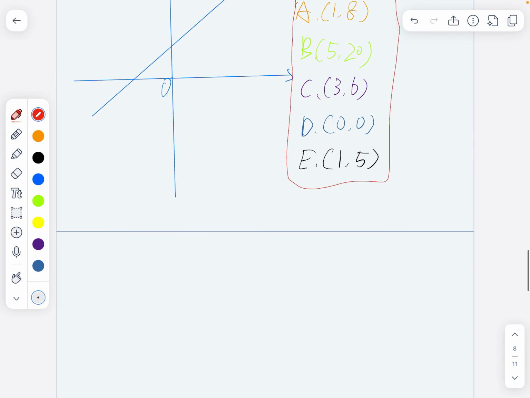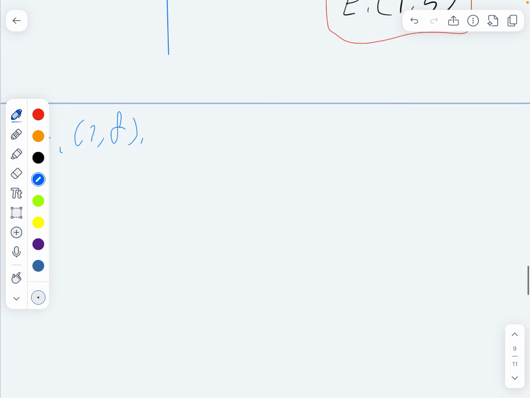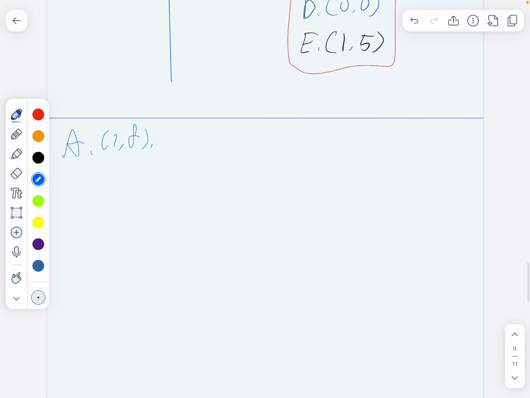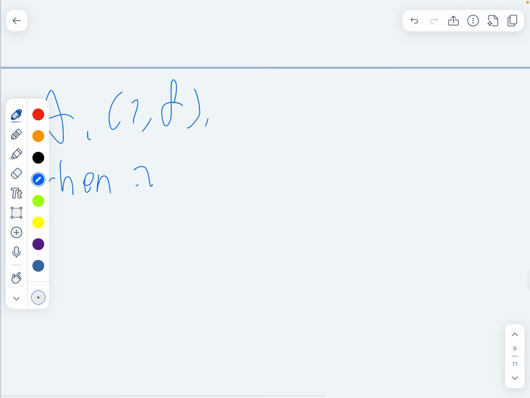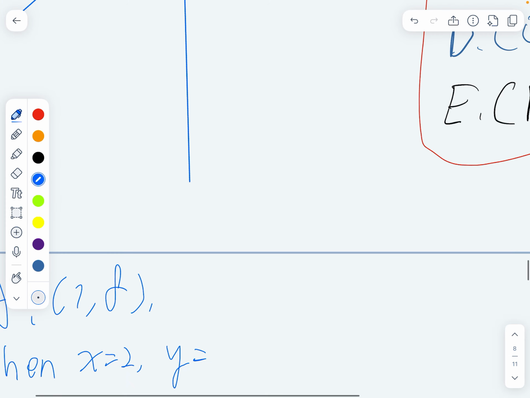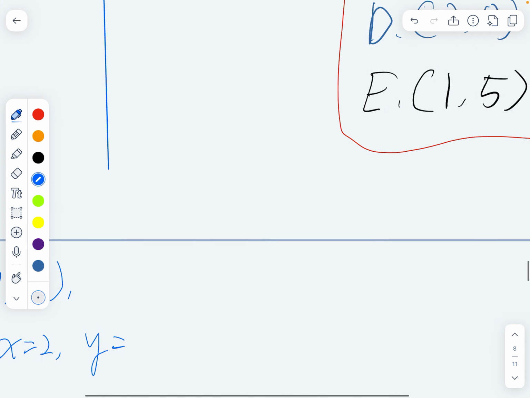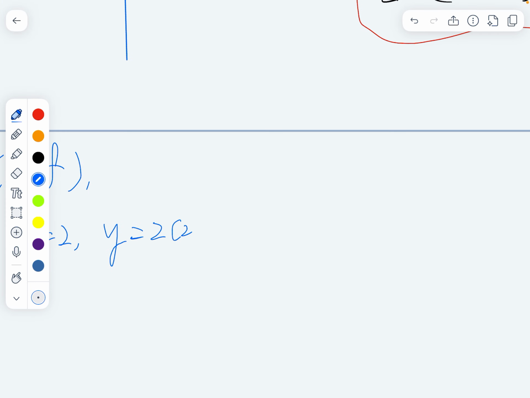For the point A, (2, 8), we write down where x equals 2, the y equals 2 times 2 plus 3 equals 7.